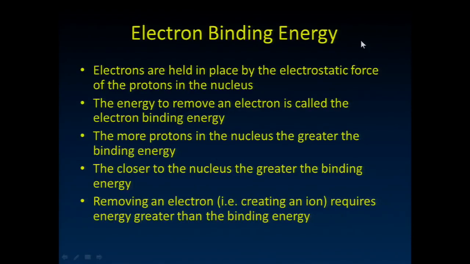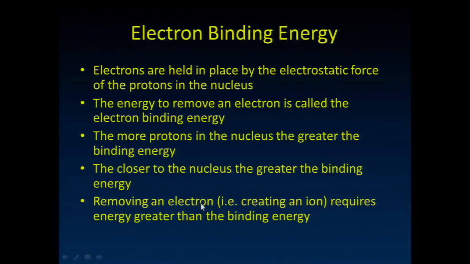And so the K shell electrons are more tightly bound than the L shell electrons. And then the more positively charged the nucleus is, the more tightly bound those electrons are going to be. The more positively charged the nucleus is, those negatively charged electrons are going to be more bound to it.